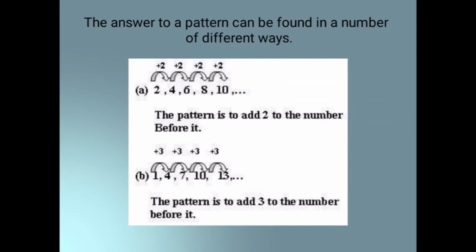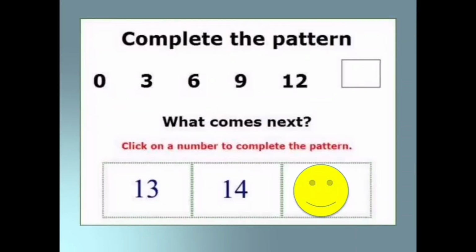Now next one, the pattern is to add 3 to the number before it. 1 plus 3 is 4, 4 plus 3 is 7, 7 plus 3 is 10, 10 plus 3 is 13. Complete the pattern. Now look here, what will be the next? 0, 3, 6, 9, 12, and next will be 15.